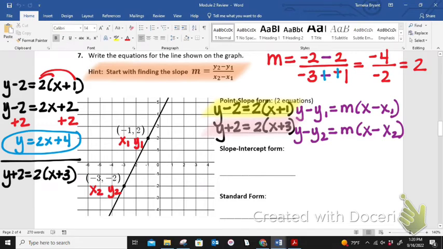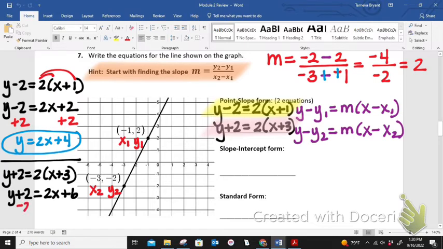Distribute the 2. So when you distribute the 2, you get y plus 2 equals 2x plus 6.